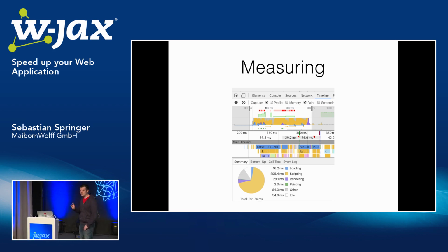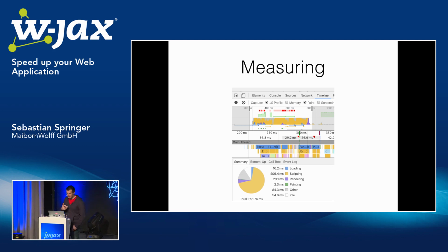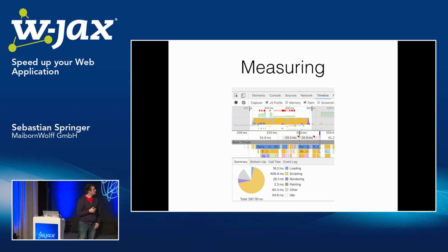You cannot even optimize that much so that it makes any difference. But here in the scripting part, which takes 400 milliseconds, there is a big potential for improving the performance of our application.